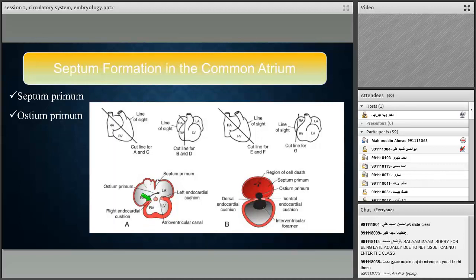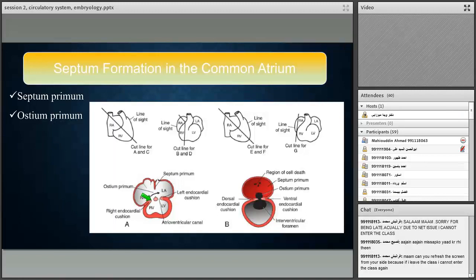The foramen formed between the lower limb of the septum primum and the endocardial cushions is called ostium primum.